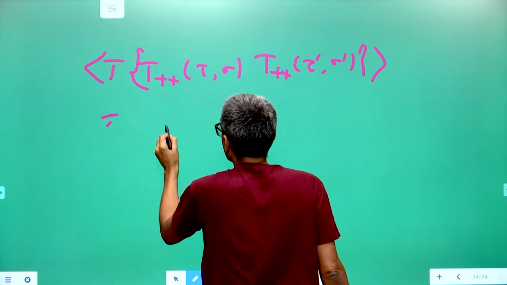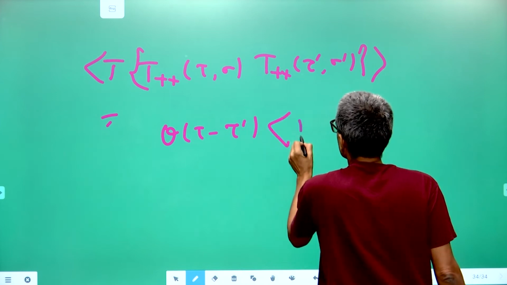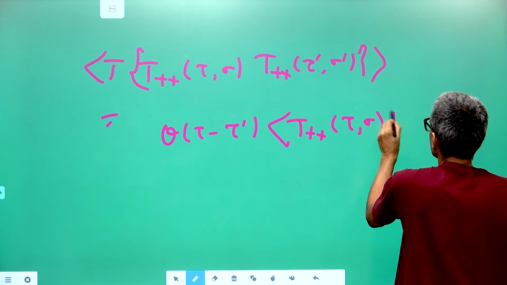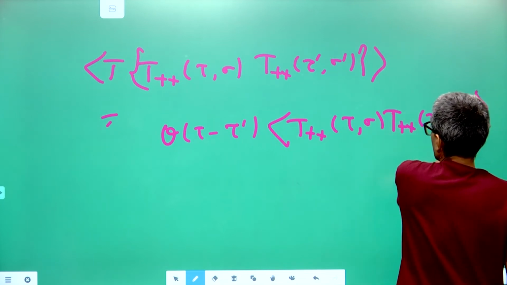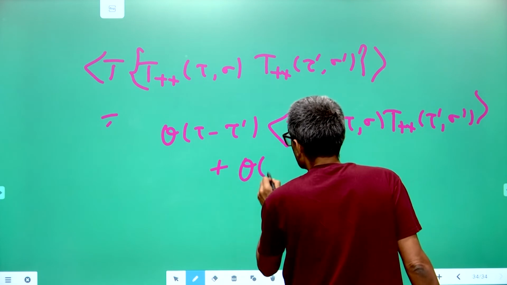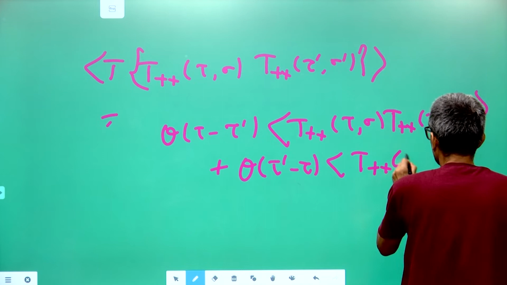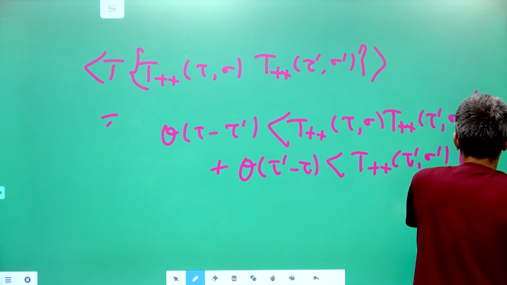This is the vacuum expected value of theta of tau minus tau dash into T plus plus of tau sigma into T plus plus of tau dash sigma dash, plus theta of tau dash minus tau into T plus plus of tau dash sigma dash into T plus plus of tau sigma.